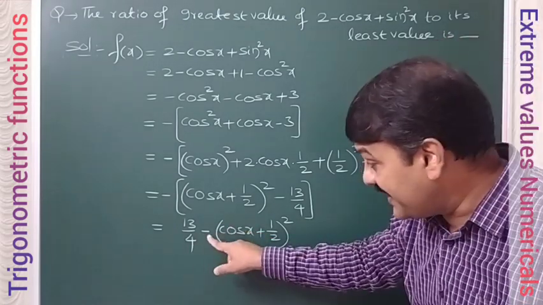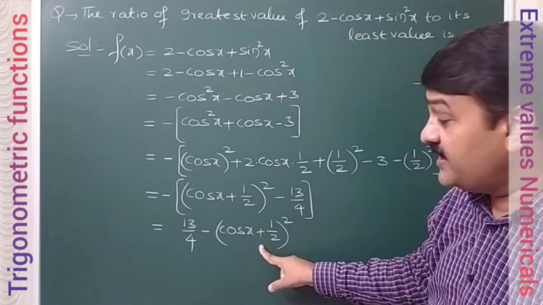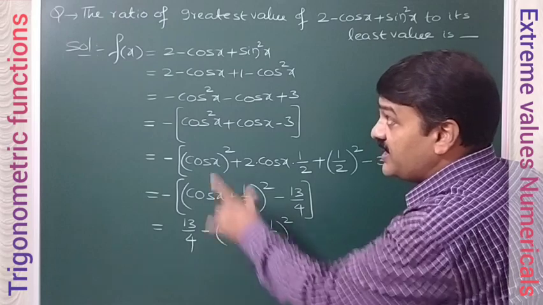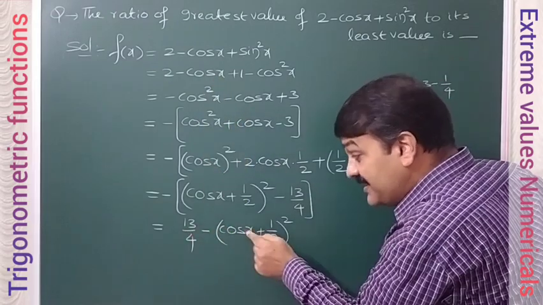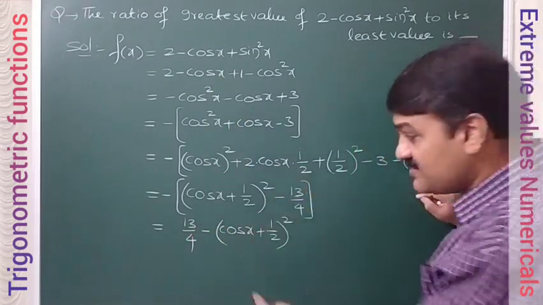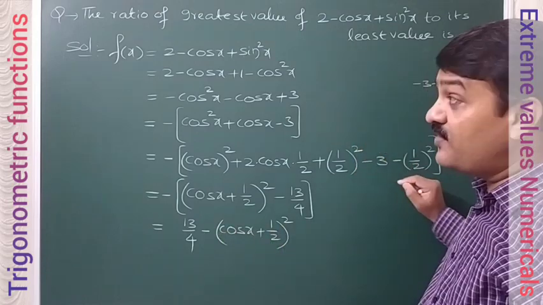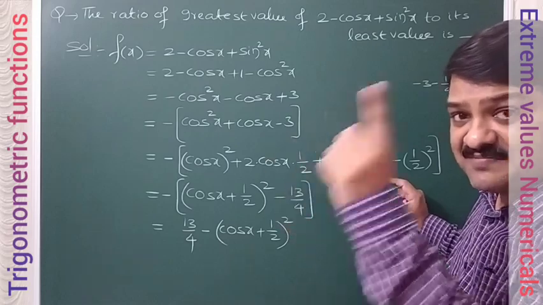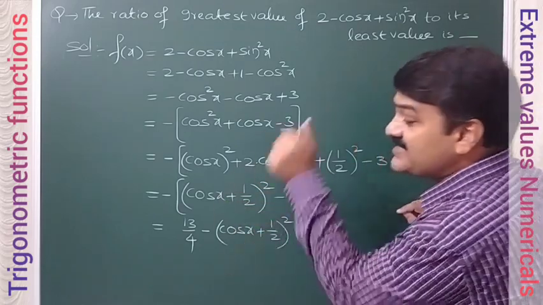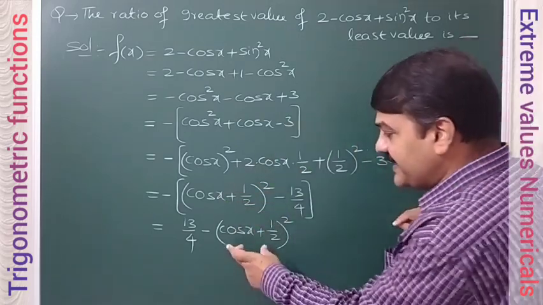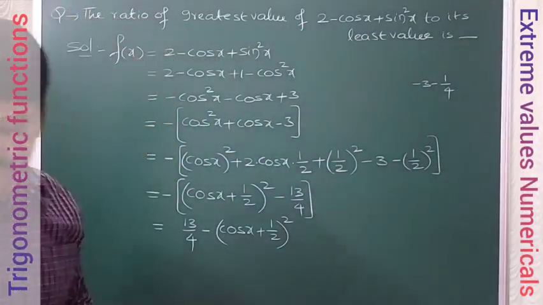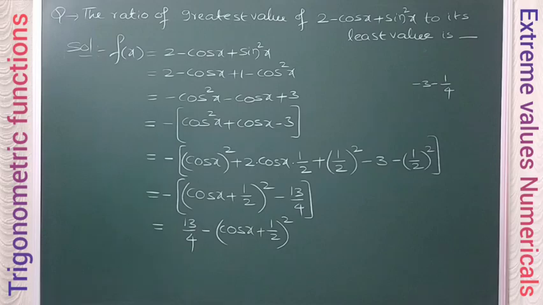Since this is a negative term, f of x will be maximum when this is least, because this is the negative part. f of x will be minimum when this is maximum. So let us find the interval of this basically. To find the interval of this, I will try to write here.